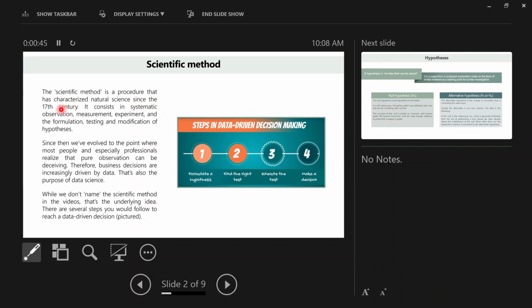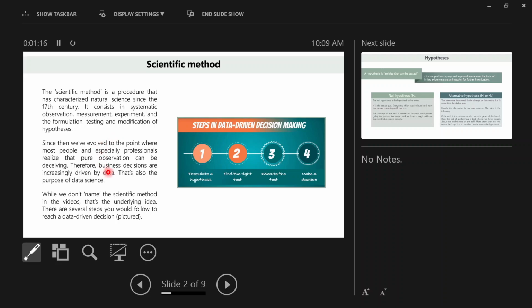So when we are talking about the scientific method, we are saying that it is a procedure that has characterized natural science since the 17th century. And scientific methods mostly consist of systematic observations, measurements, experiment and formulation, testing and modification of hypotheses.